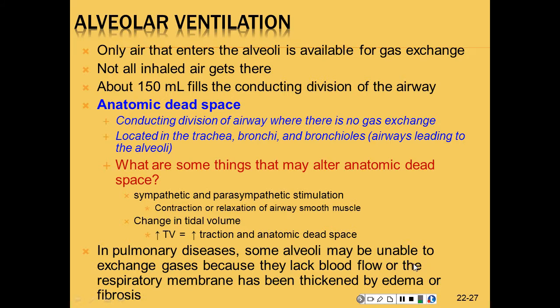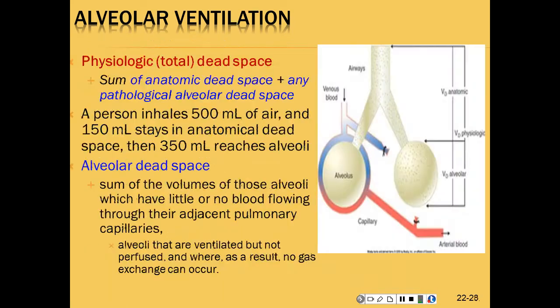In pulmonary disease, some alveoli may be unable to exchange gases because they lack blood flow, or the respiratory membrane has been thickened by edema or fibrosis. Now, the physiological total dead space, as I mentioned, is the sum of the anatomical dead space plus any pathological alveolar dead space. So here is our physiological dead space.